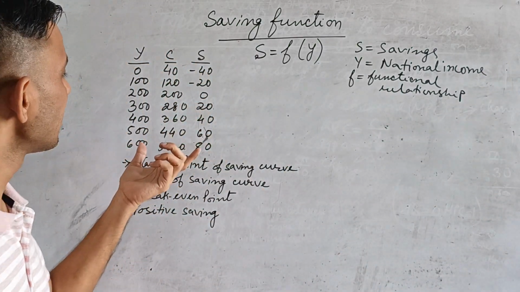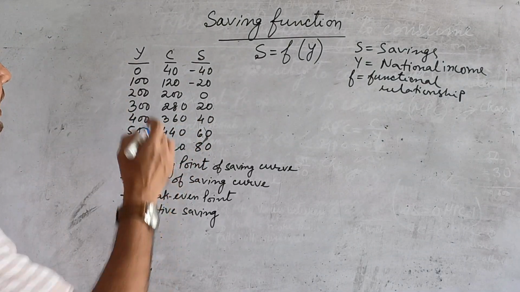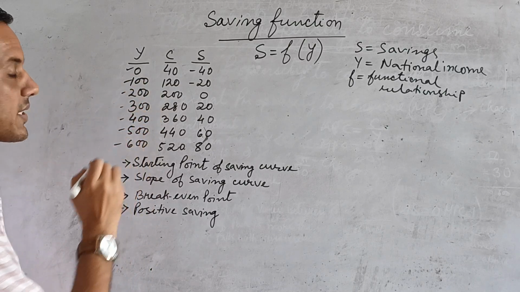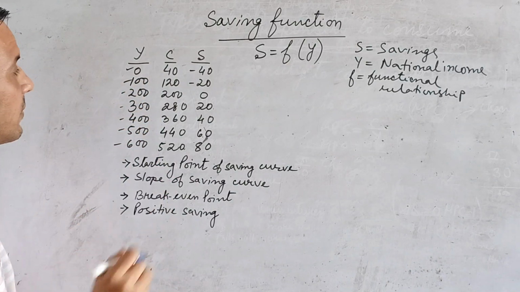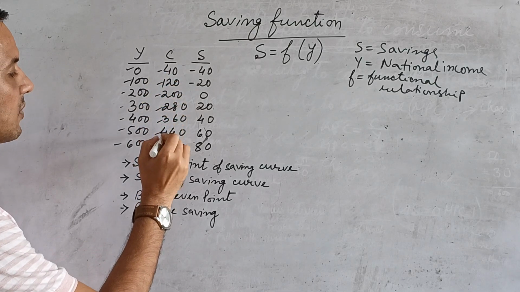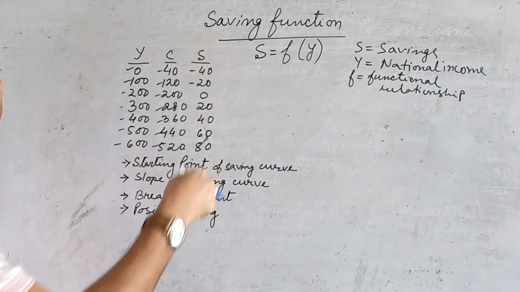Now you see we have assumed some data. For example, for Y: 0, 100, 200, 300, 400, 500 and 600. Then for C we have assumed 40, 120, 200, 280, 360, 440 and 520. From here you can calculate the savings.